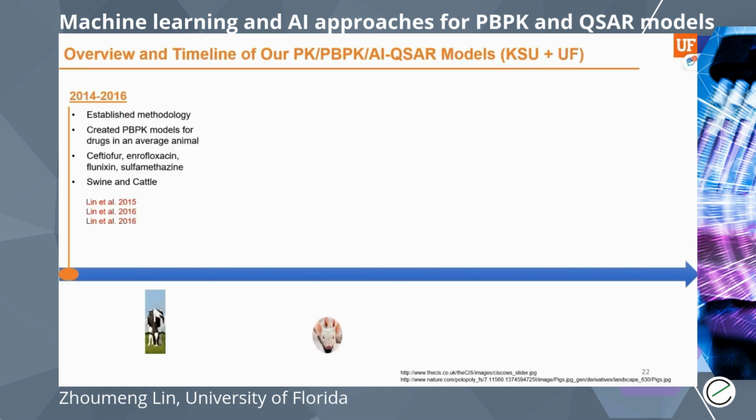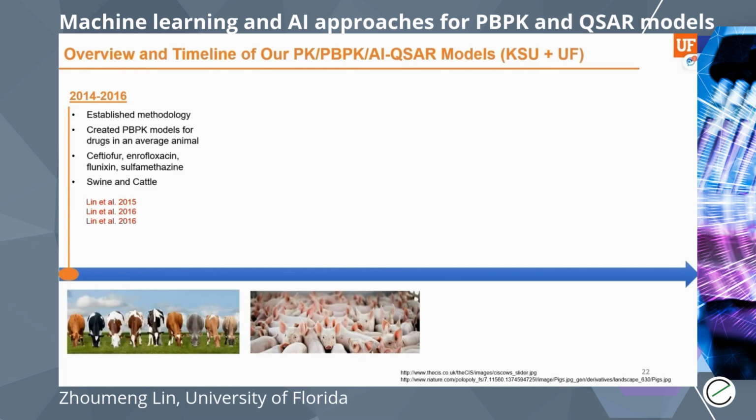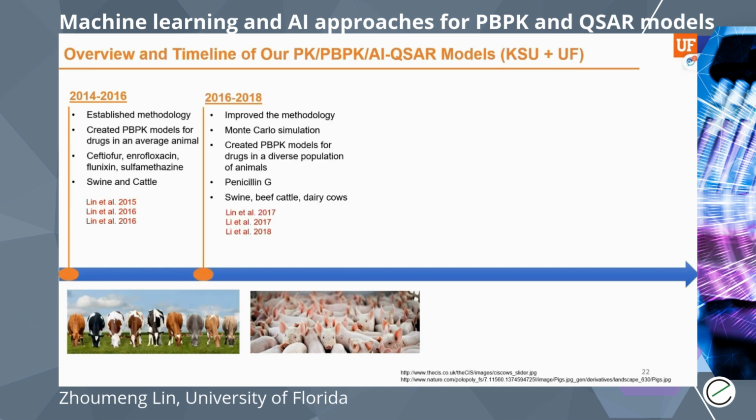We have been working in this field for more than 10 years. In the first couple of years, we developed simple PBPK models for drugs in cattle and swine. But at that time, the model was simple. It didn't consider population variability. Later on, we incorporated population variability so that the model can be used to simulate the kinetics for a diverse population of animals, and to predict extralabel drug use and the extralabel withdrawal interval.